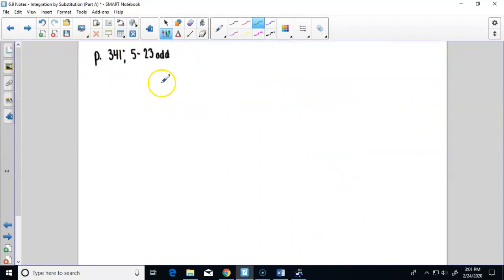Okay, so that covers pretty much what we're going to do tonight. 5 through 23 odd is going to be your assignment. And let me just double check and make sure that that's right, that everything is something we can do.